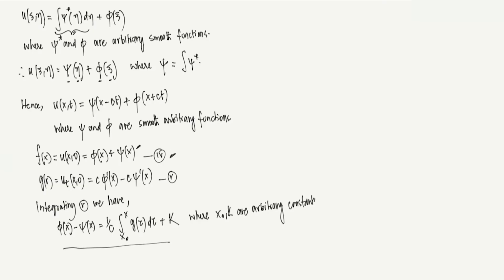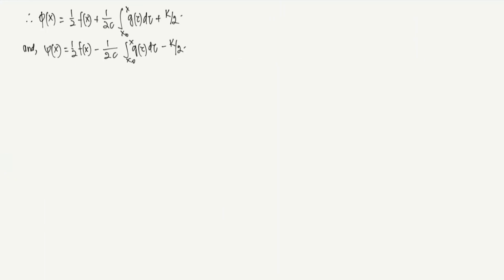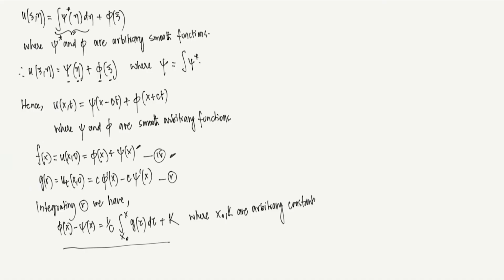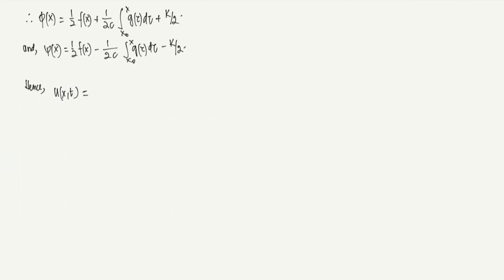So if you subtract those two, you are of course going to get this particular form, hence the general form. So what is the solution u of x, t? You remember, u of x, t is phi of x minus ct plus phi of x plus ct. If we put all of this together, phi and psi we already know, so it becomes half f of x plus ct plus f of x minus ct.